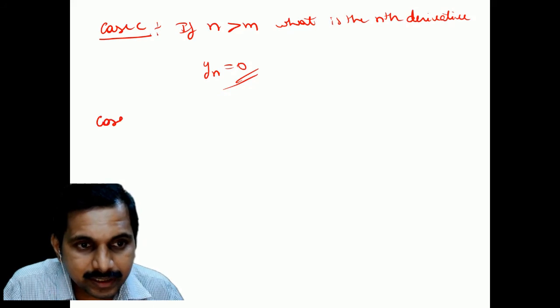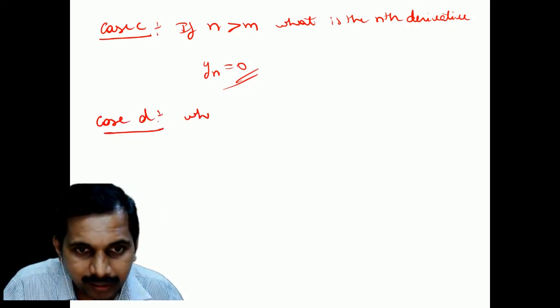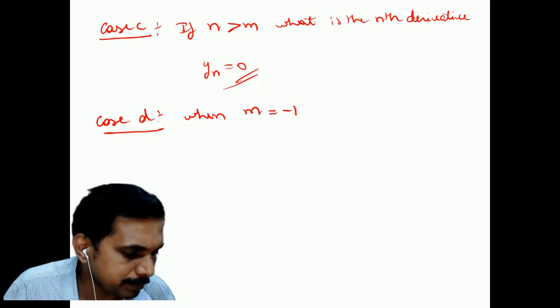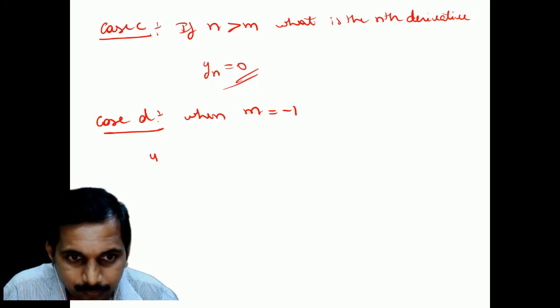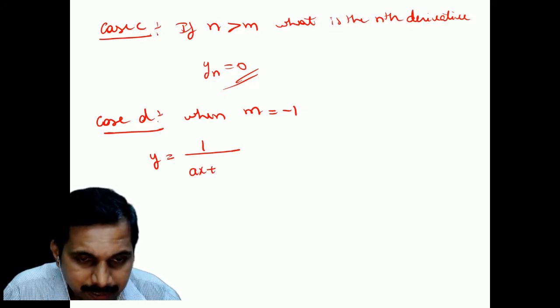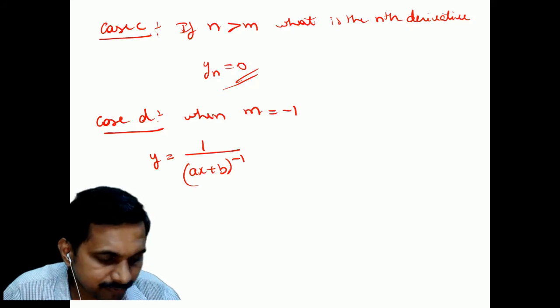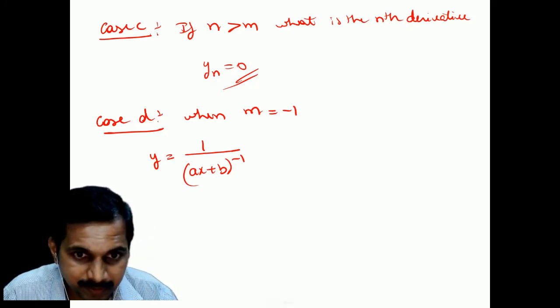Case D would be when m is equal to minus 1. Then what happens? We have y is equal to 1 by ax plus b raised to minus 1, which becomes 1 by ax plus b.